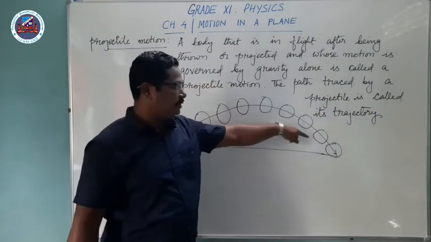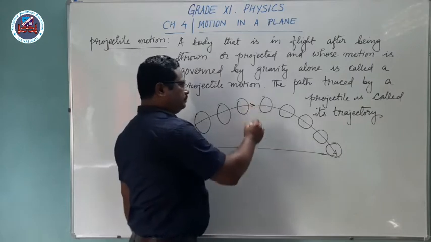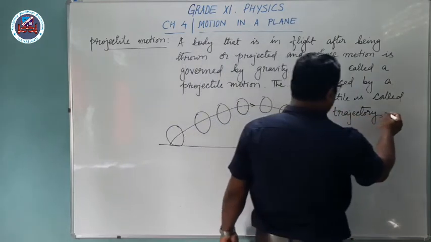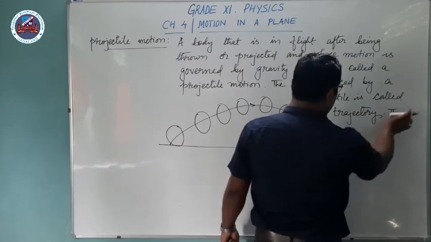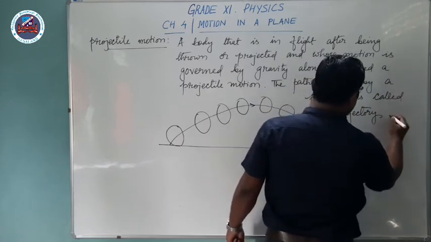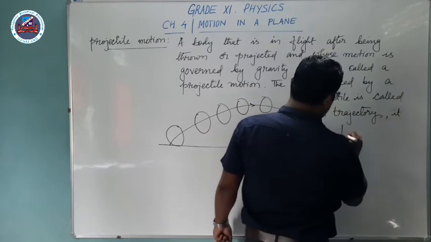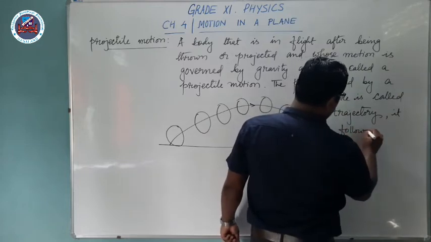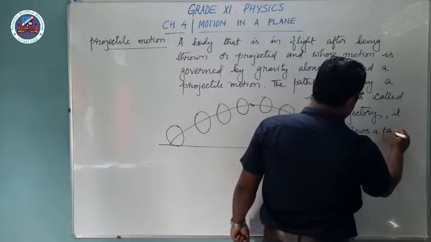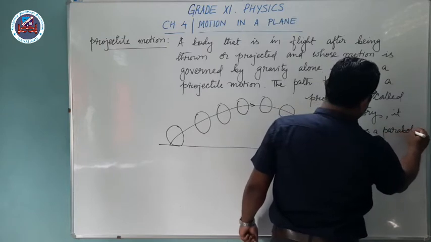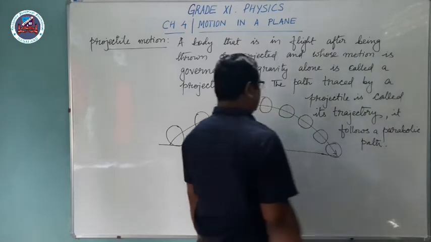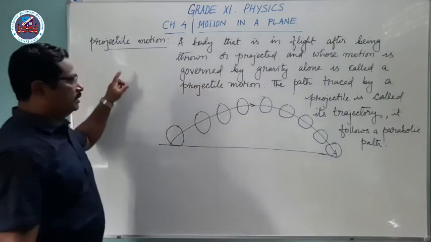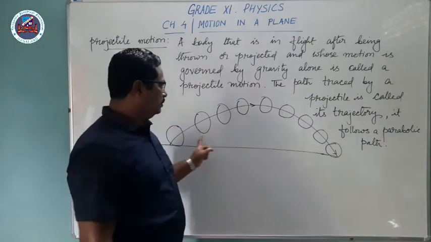This is its trajectory, and the shape is called a parabola. The path is a parabola. It follows a parabolic path. So this is your definition as well as the path of the projectile.